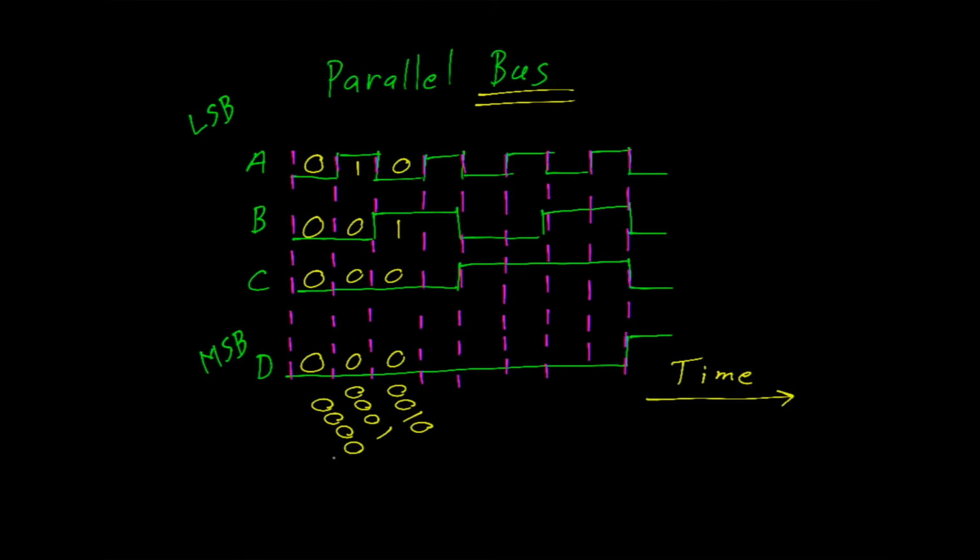What we've done is we've counted from 0 up to 1, 1, 1, 0, which is binary 7. I'll leave it up to you to fill in the rest of this chart so that we can go all the way from 0 up to hex F.